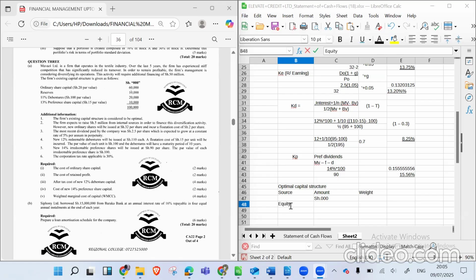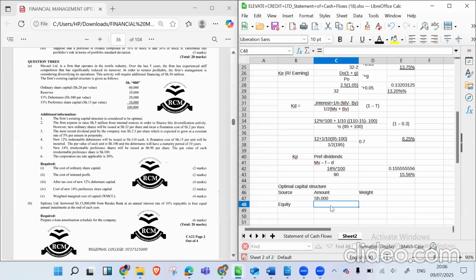There's another difference between WSCC and WMCC. For WSCC, we would start by finding the number of shares, 60,000 divided by 20, times the market price per share of 32, or 30. Debentures, 20,000 divided by 100 gives us the number of debentures, times the price per debenture.